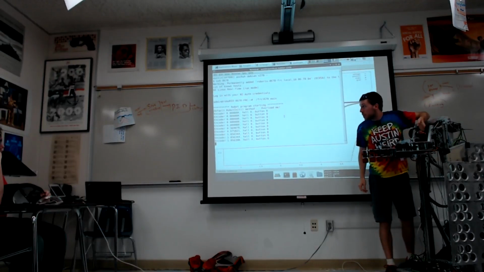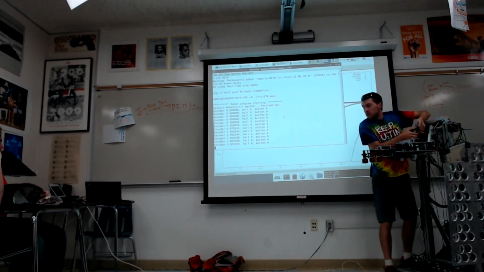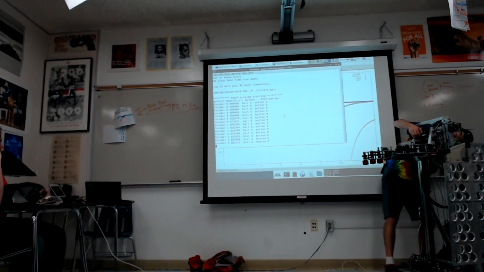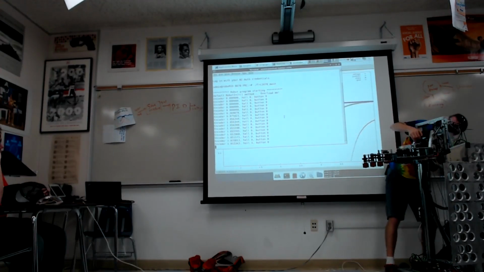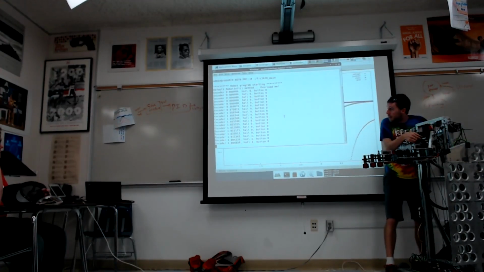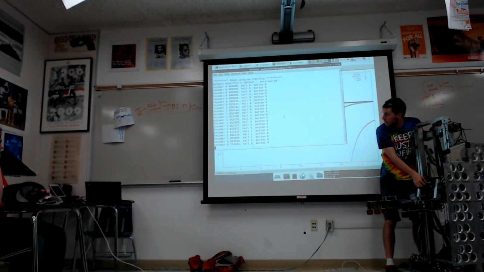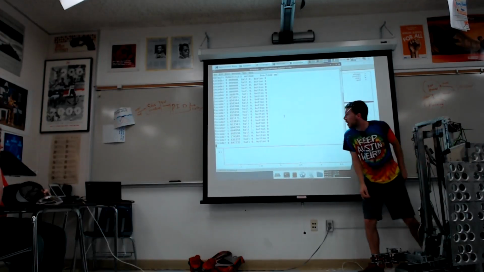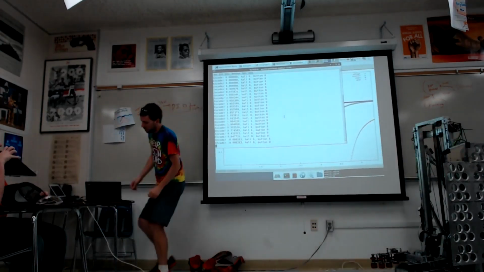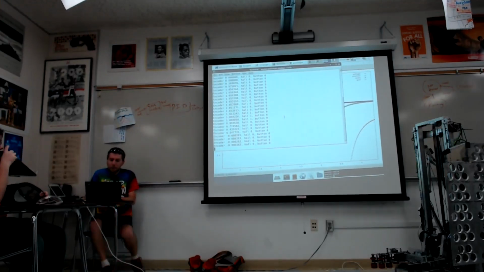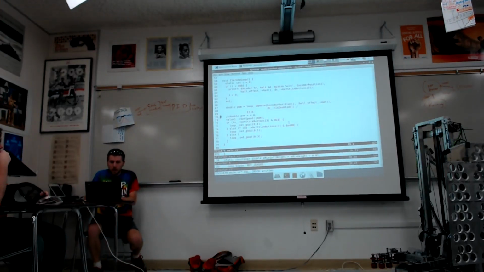That's about a meter. It's actually pretty good. Okay. So we should see our sensor go high? Yeah, that's good. Good, so our encoder looks the same.